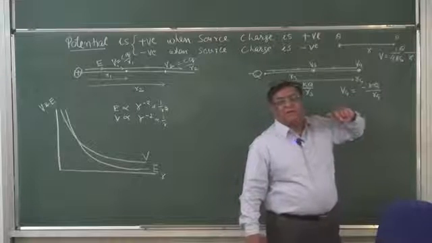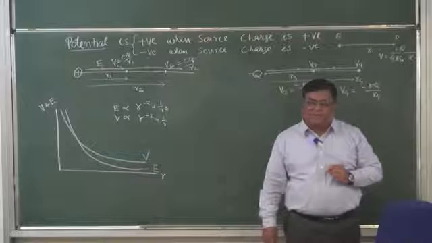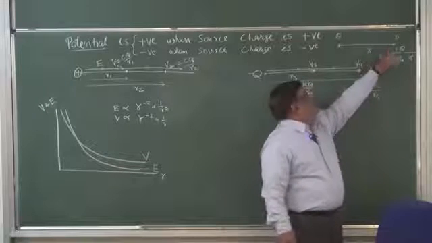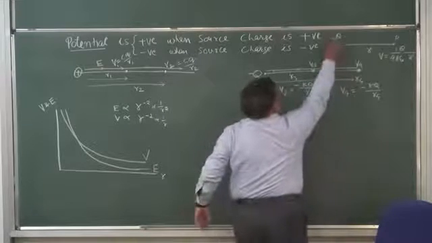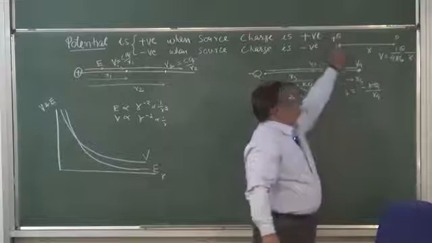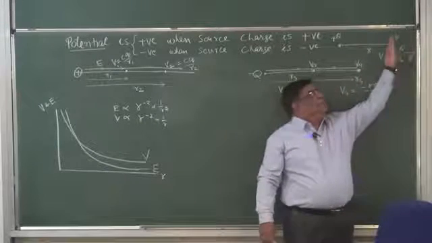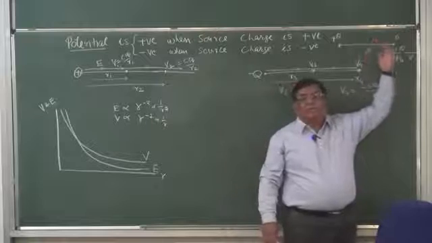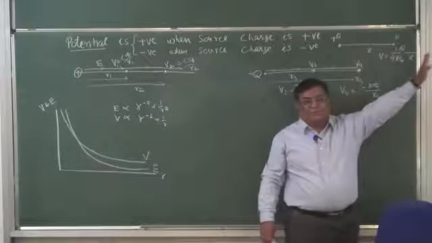The work done will be positive when the force and displacement are in the same direction. Here, if I bring a positive test charge and the source charge is also plus, I am applying force in this direction.